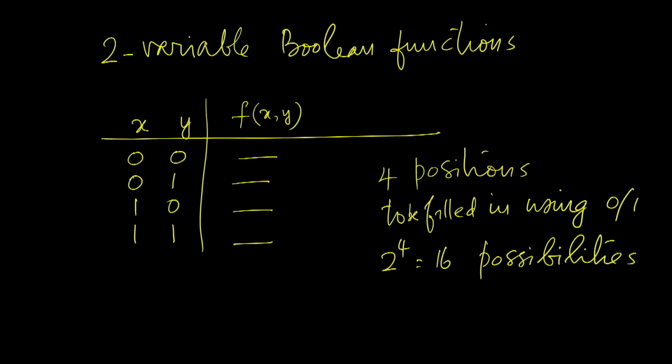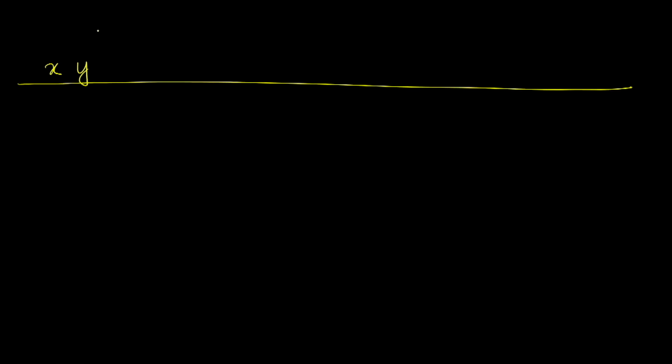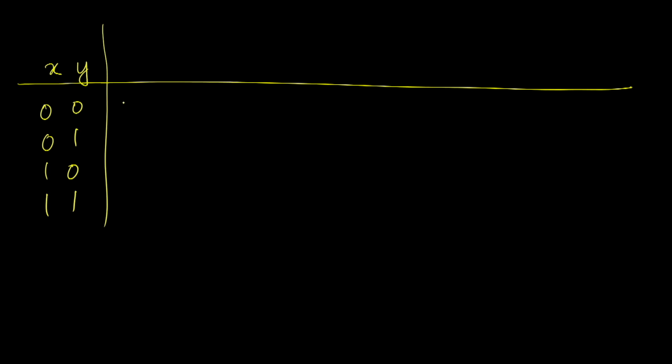Let us look at all these 16 possibilities. So enumerating all these 16 possibilities, let us consider all possible 4 inputs 0, 0, 0, 1, 1, 0 and 1, 1. So there are 4 vacancies to be filled. F of xy could be any of these 16.